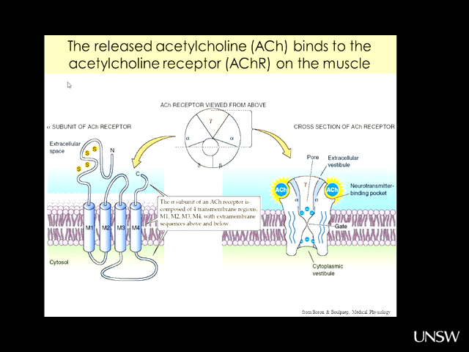And it's the neuromuscular junction, it's the acetylcholine receptor, the AChR. Most of these ligand-gated channels have got 5 subunits, so this is looking down at it from above. There's 2 alphas, a beta, a gamma and a delta. And what they do is form a pore through the membrane.